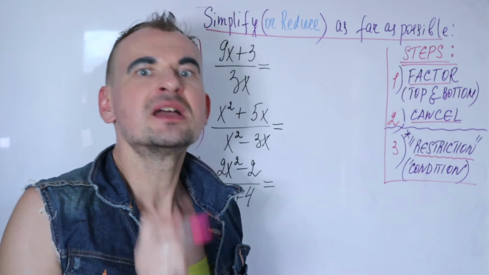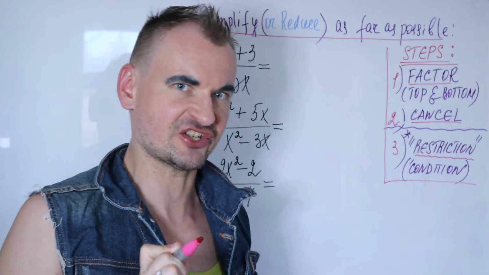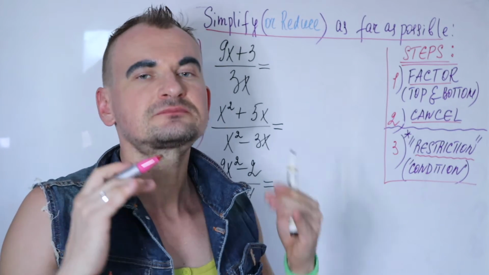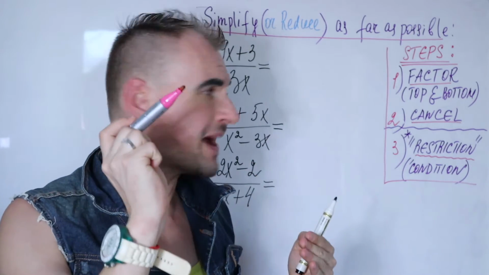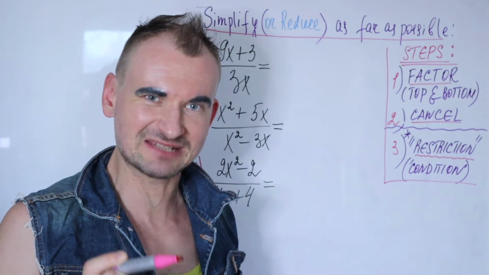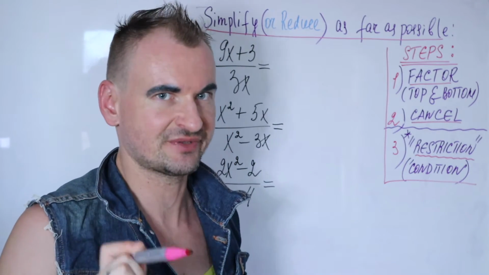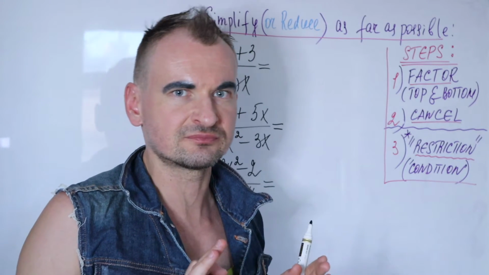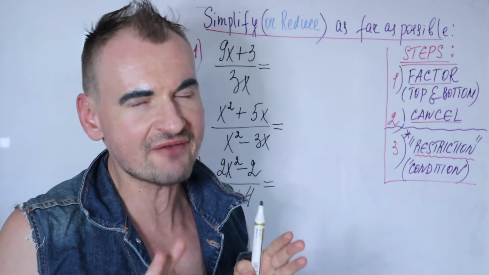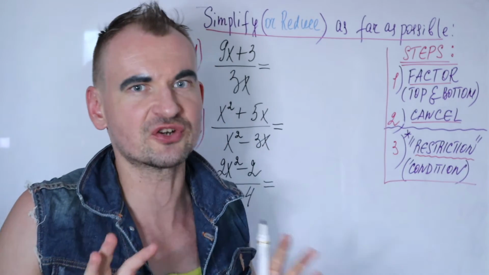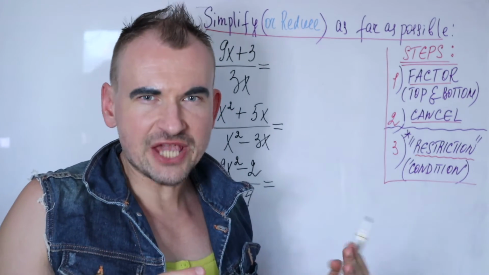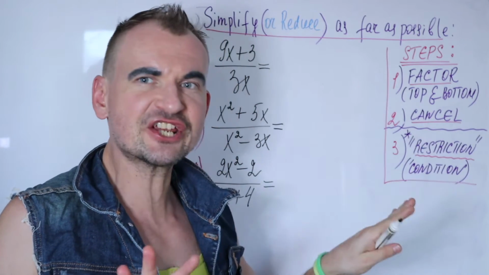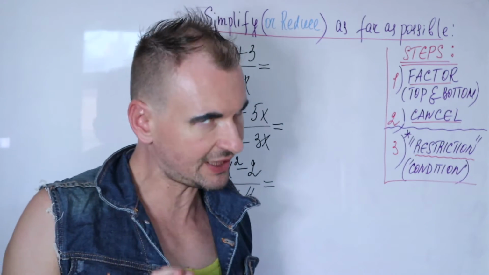The next step, spot common factors that belong to your top expression and to your bottom expression, and cancel them out. Cancel them out legitimately. You don't want to do something illegal. Everything has to be legal in terms of operations and this math. And about the last step, restrictions, I will get into this in a bit.